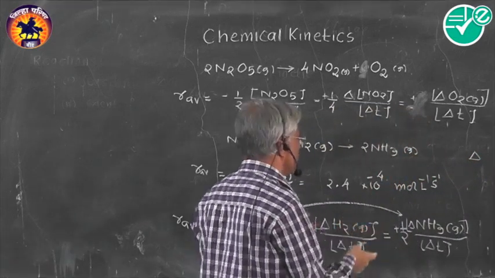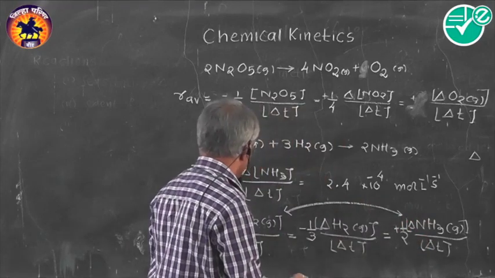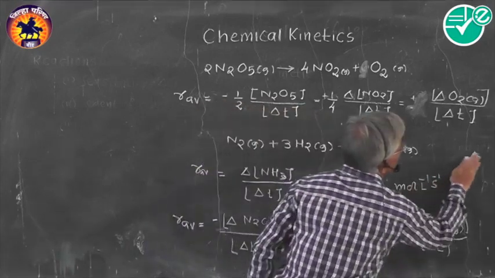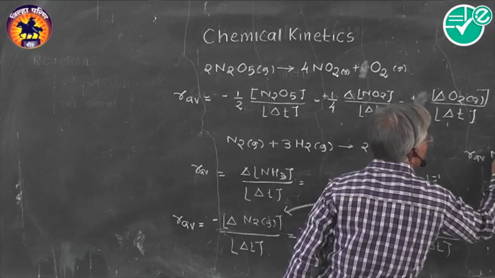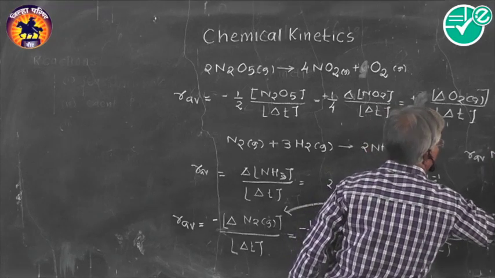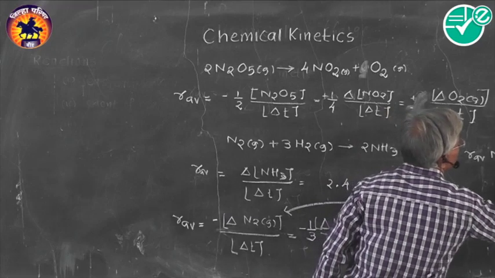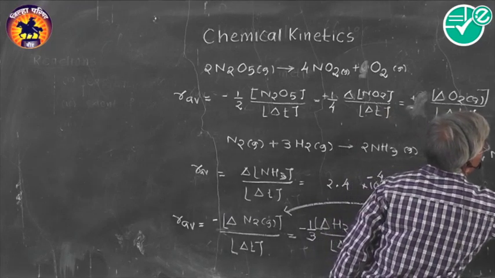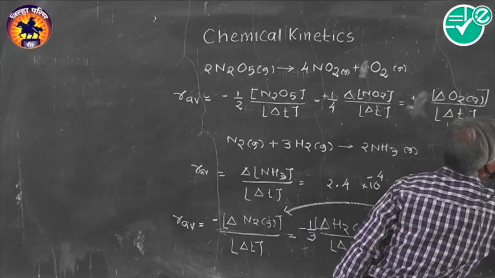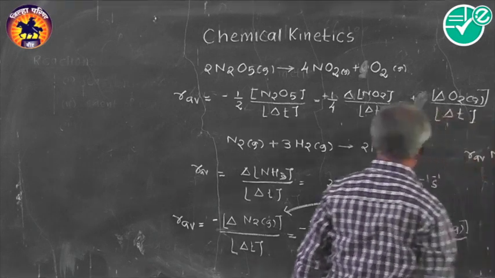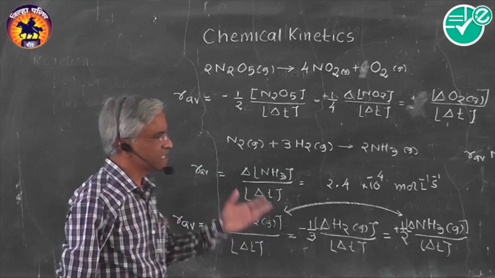we don't need it because ammonia is being given, and therefore the average rate in terms of nitrogen will be 1/2 multiplied by 2.4 multiplied by 10 raised to minus 4 moles liter raised to -1 second raised to -1, whatever is being given. So it is simple.